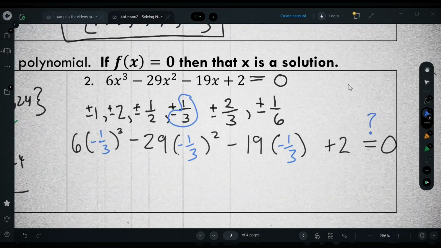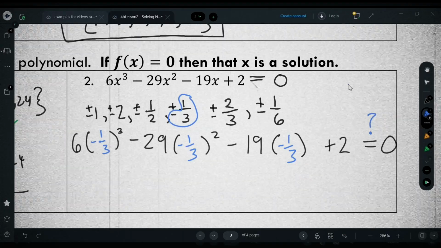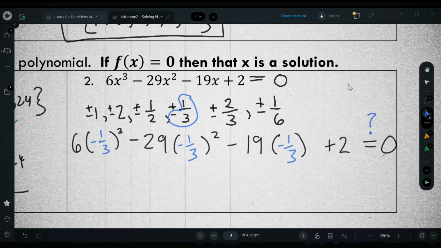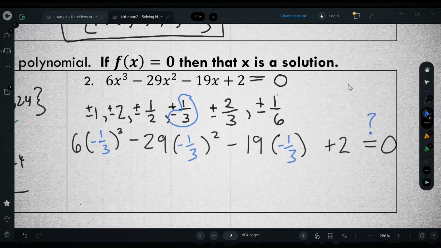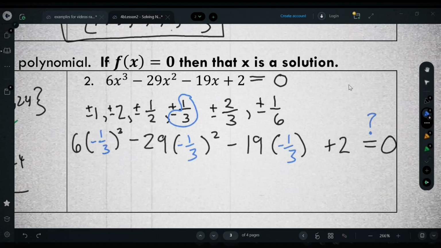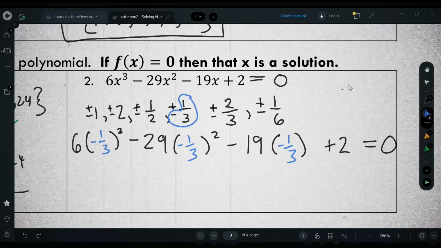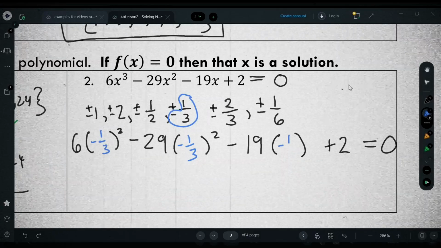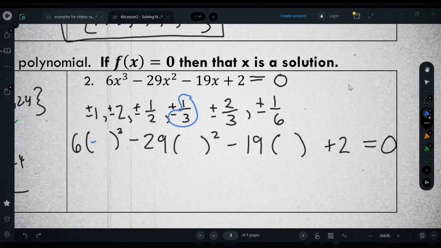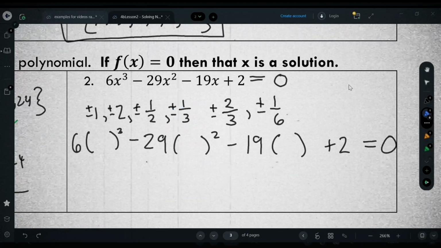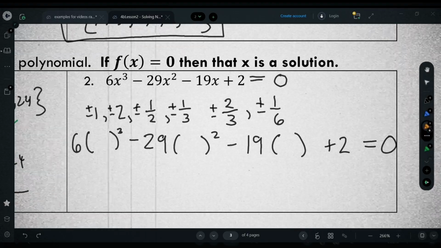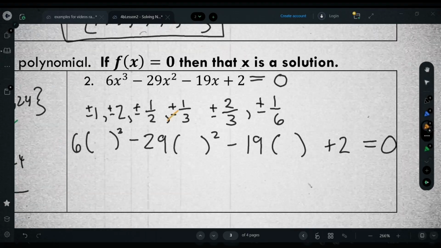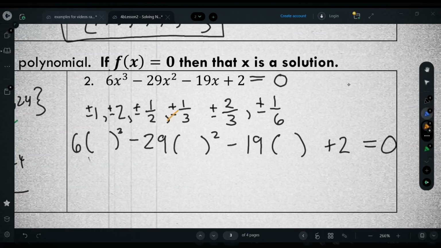Okay, and negative 1/3 doesn't work. When we plug it in, we don't get a 0. So we could cross that one off the list. Okay, the negative didn't work. Let's try positive 1/3.